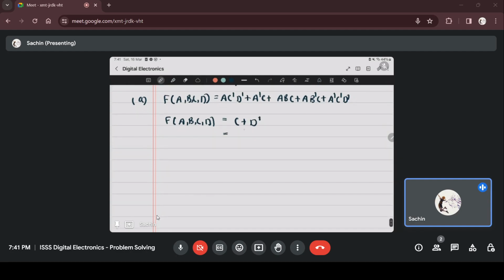This can be written as C plus D prime complemented twice. If you complement an expression twice, then the expression will not change. Now you take the inner complement using De Morgan's theorem. This will be C prime D whole prime.